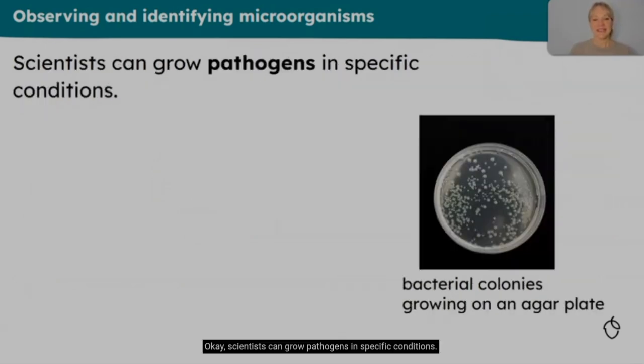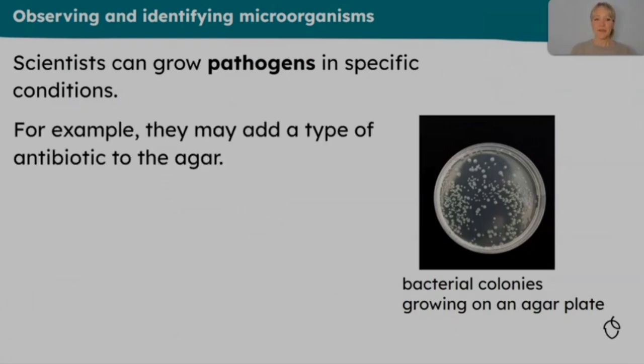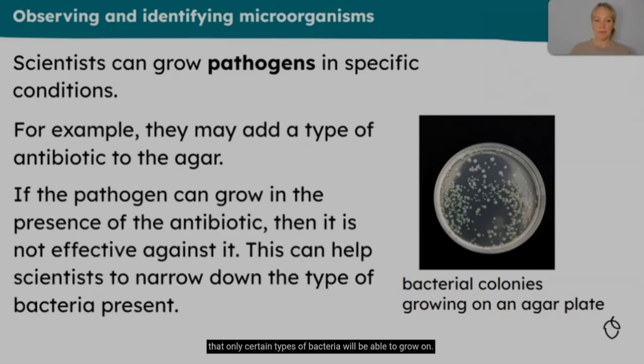Okay, scientists can grow pathogens in specific conditions. For example, they may add one type of antibiotic to the agar. We can see there on the picture that we've got an agar plate. The agar is like a jelly-like substance, and in it it's got all the nutrients that are needed, but we can add other things into it that only certain types of bacteria will be able to grow on.